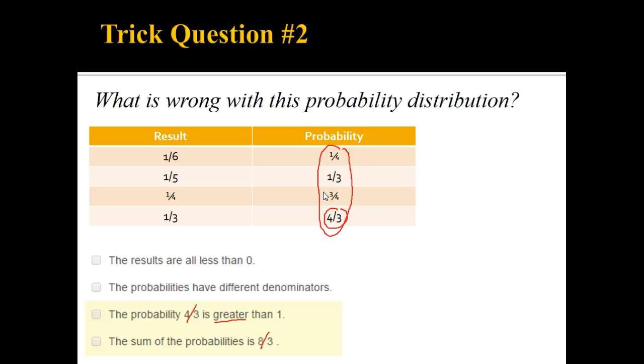So since one of them is already over 1, they definitely are going to add up to something that's more than 1, and that's a problem. You can't have a probability distribution where the probabilities add up to more than 1. They have to add up to exactly 1 or 100%. So these are the two things that are wrong with this particular probability distribution, and that's the kind of question that you might be asked on your quiz.